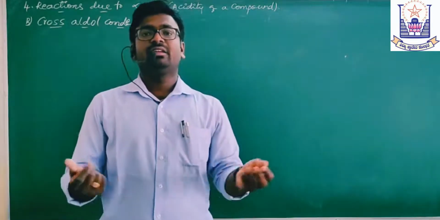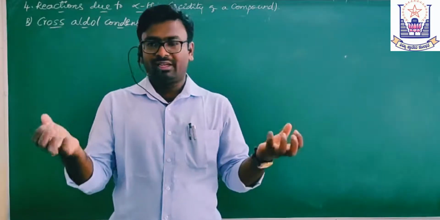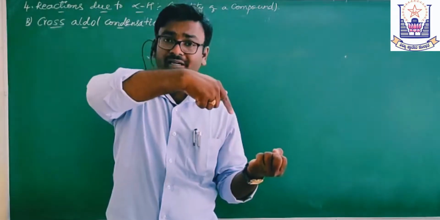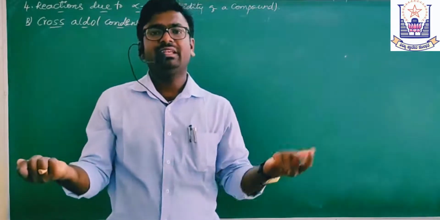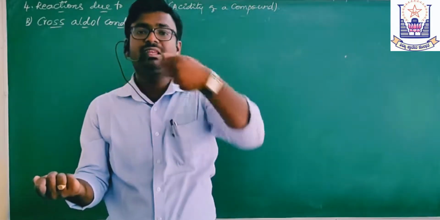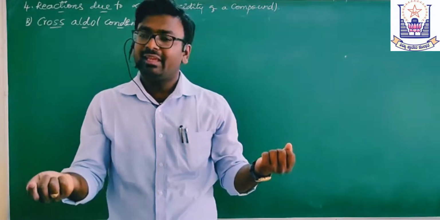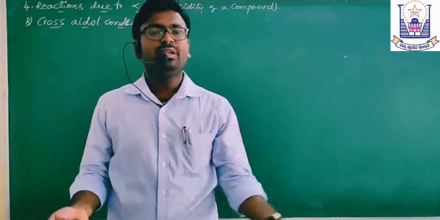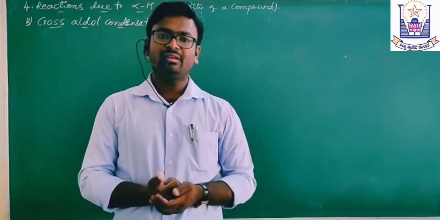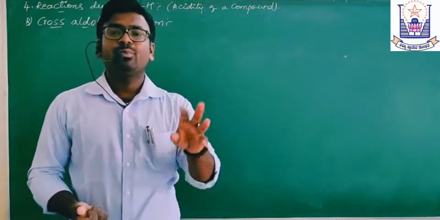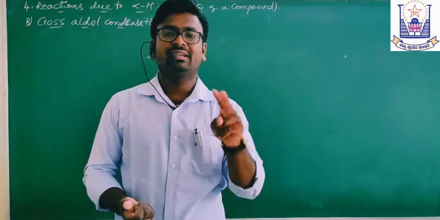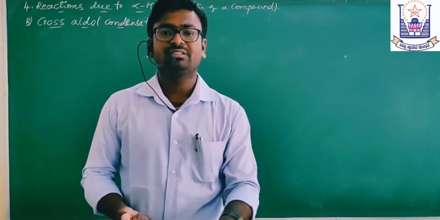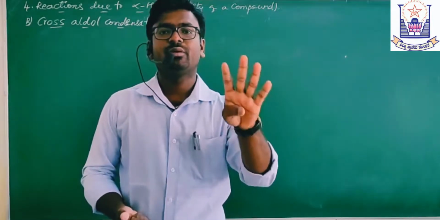If you consider two aldehydes A and B, both having alpha hydrogens, one may donate the alpha hydrogen and give one product, and the other may donate the alpha hydrogen and give another product. If A donates to A, that is self aldol condensation, it gives another product. If B donates to B, then it gives another product. Totally, if both the different aldehydes contain alpha hydrogens, there is a chance of getting four products.